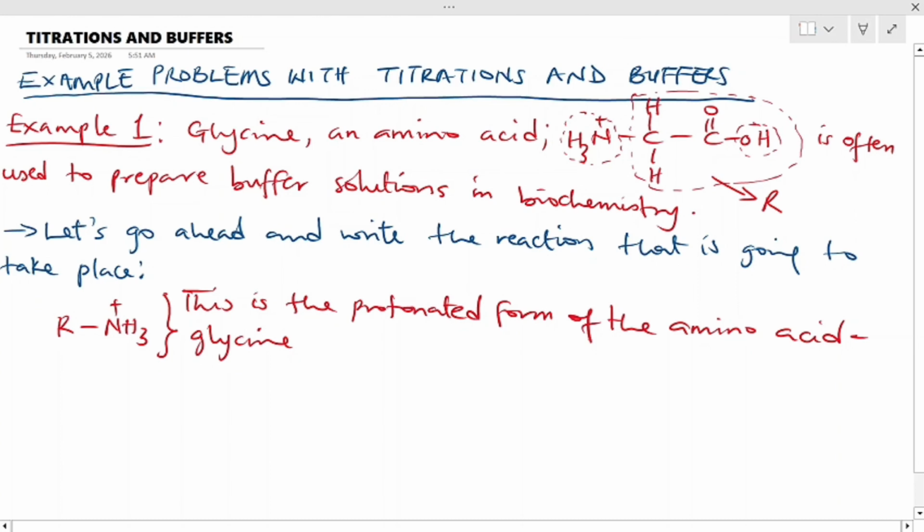If we look at this reaction carefully, we have R-NH3 plus.